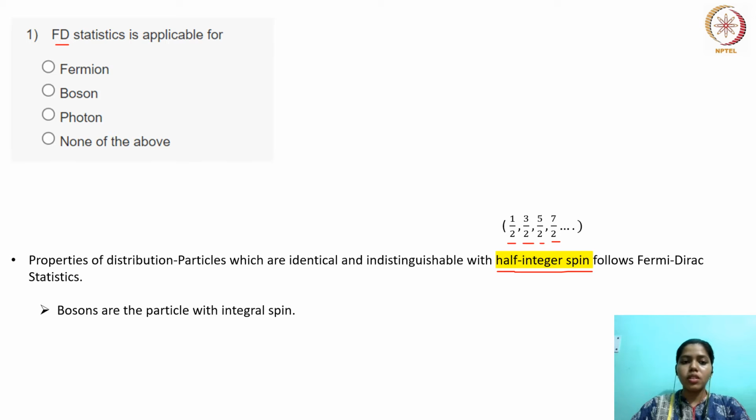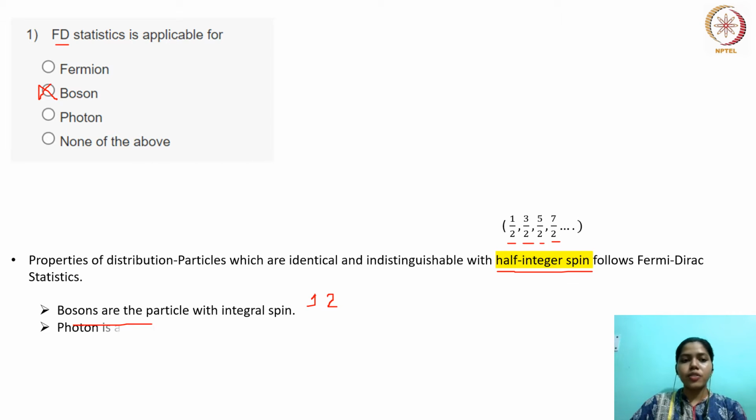So bosons are the particles which have integral spin. By integral spin, I mean it can be 1, 2, 3, or any integer value. So of course this is not satisfying the required condition for spin for following the Fermi-Dirac statistics. So our second option will be eliminated from here.